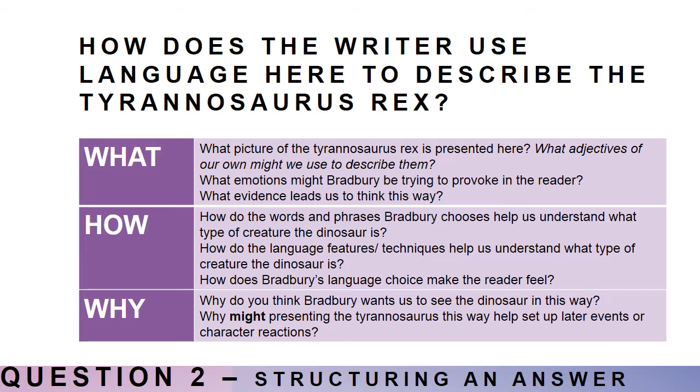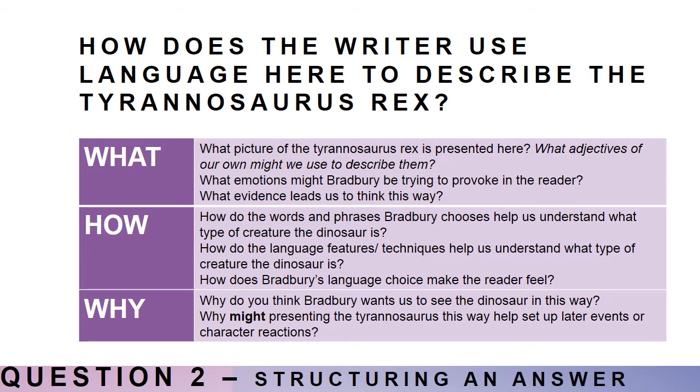So the first part of our paragraph is going to deal with what the writer is doing. And from there, we can then start to unpick how the methods that the writer has used help present that idea. So for example, how do the words and phrases Bradbury chooses help us understand what type of creature the dinosaur is? Or how do the language features or techniques help us understand what type of creature the dinosaur is? How does Bradbury's language choice make the reader feel?